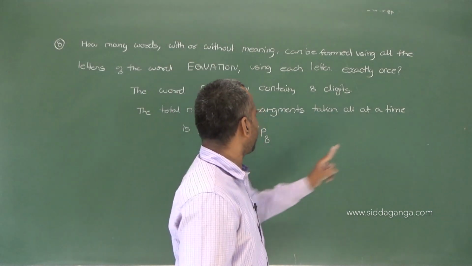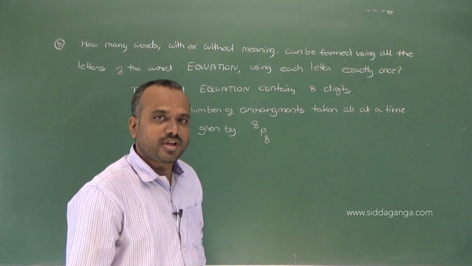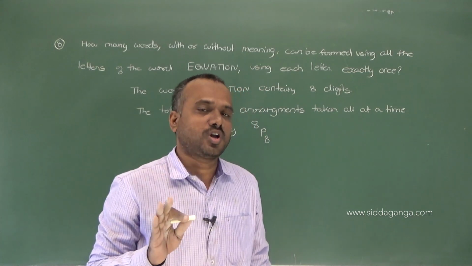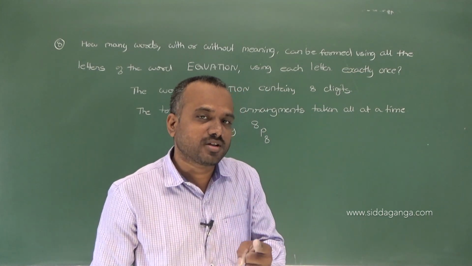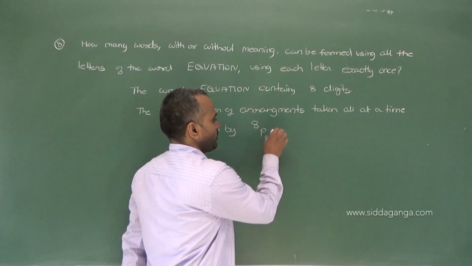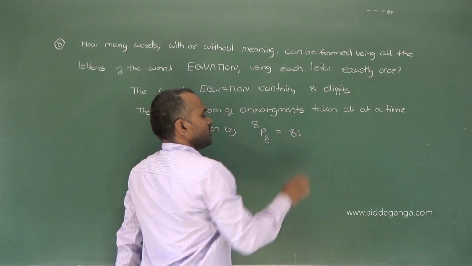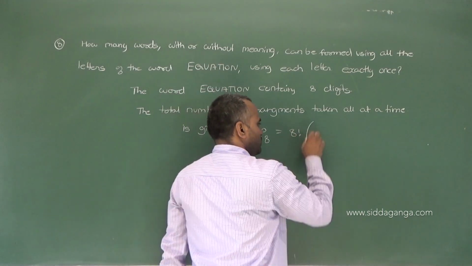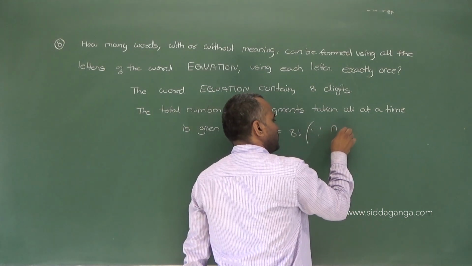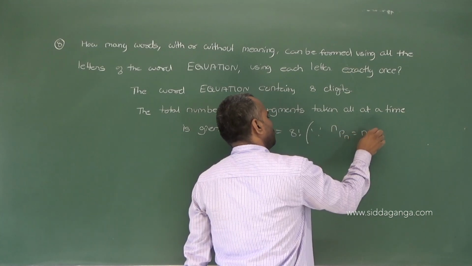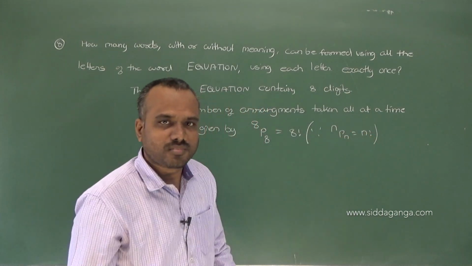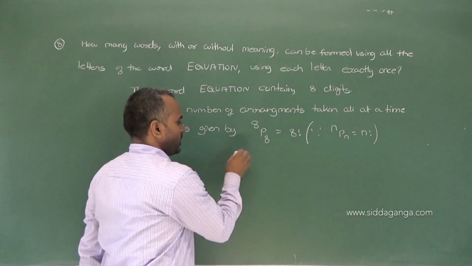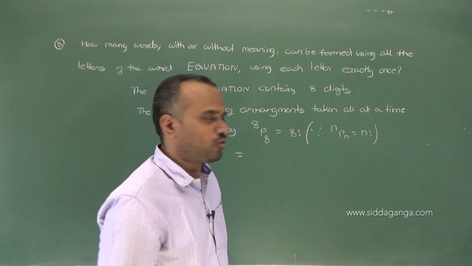We discussed in the last class, nPn is nothing but n factorial. So 8P8 is 8 factorial.